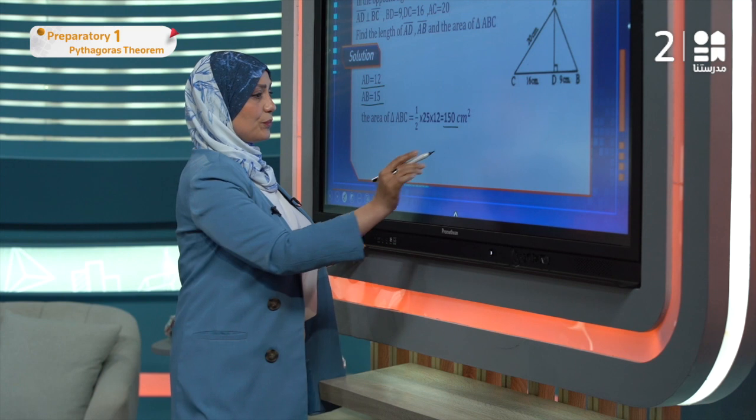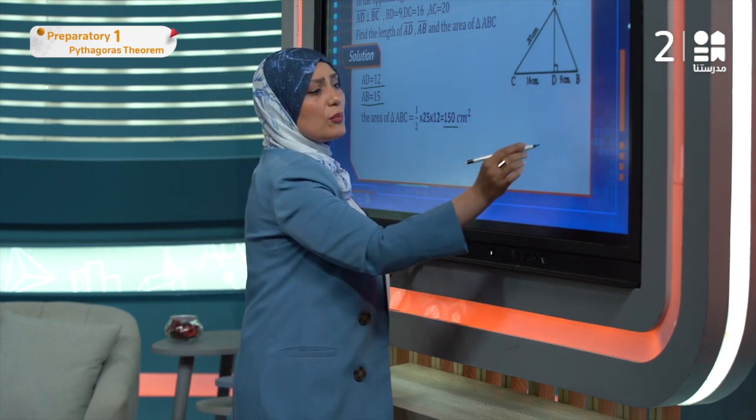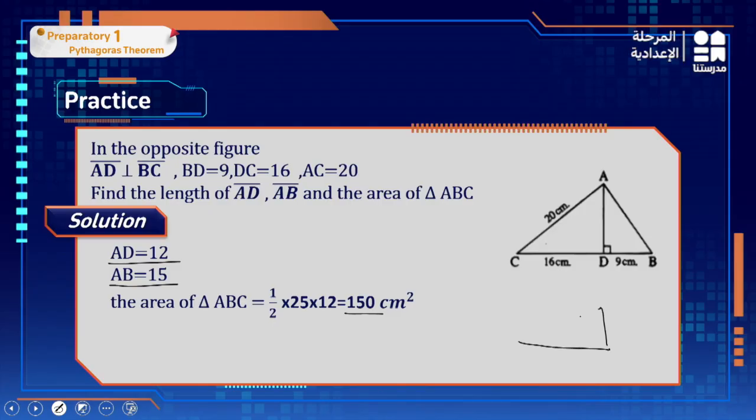Okay, if any number is missing for any triangle, as we said, if the hypotenuse is given, which is 10, and this one is 8, how can we find it? If the hypotenuse is given, we need to subtract. So 10 squared minus 8 squared equals AB squared.